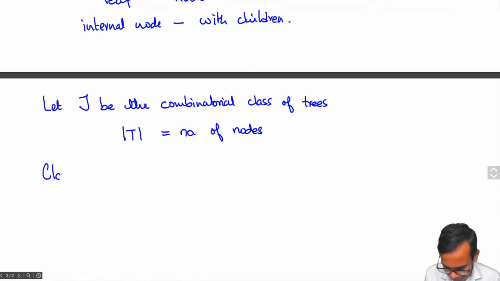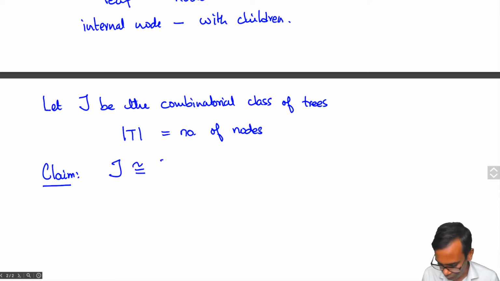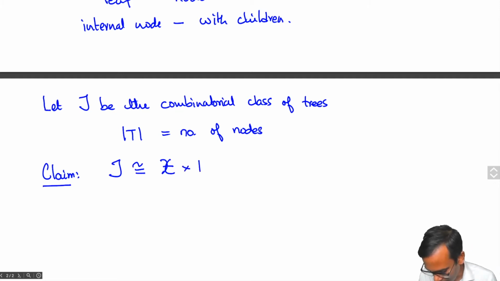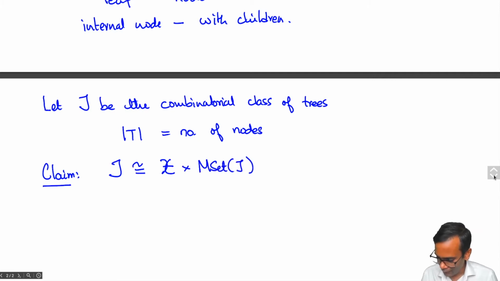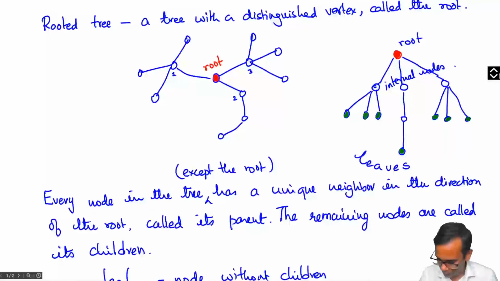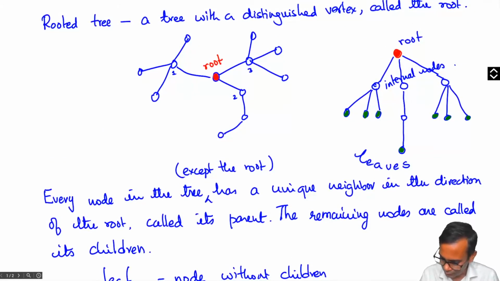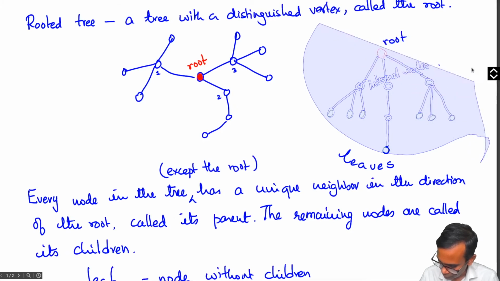So I claim that this combinatorial class T is isomorphic to X, the atomic class, which has one element of size 1, cross the multi-set of T. And let me give you the bijection visually. So let me just copy out this picture.